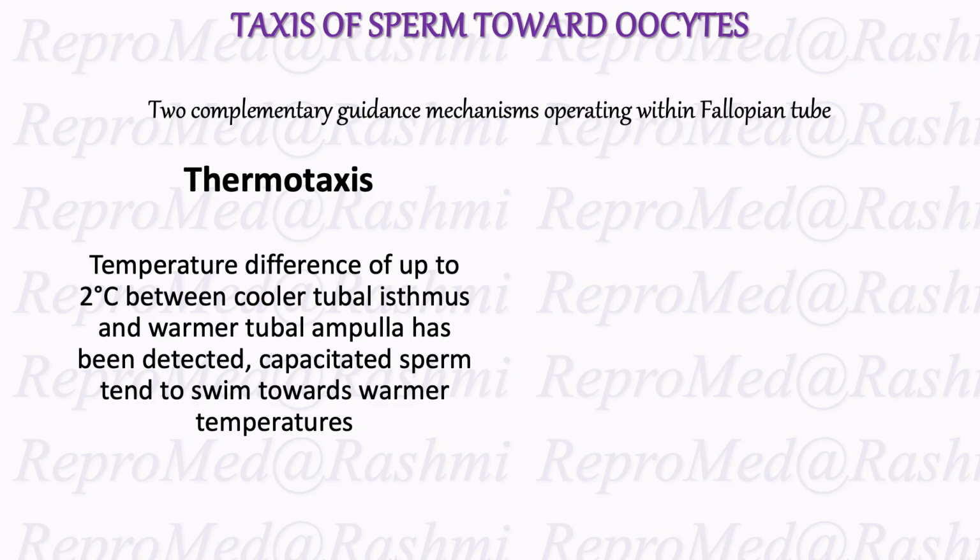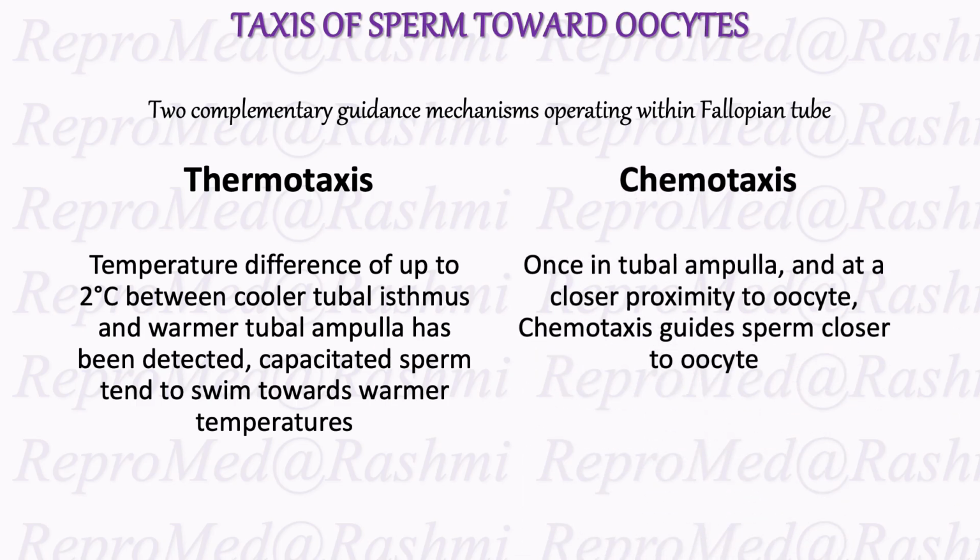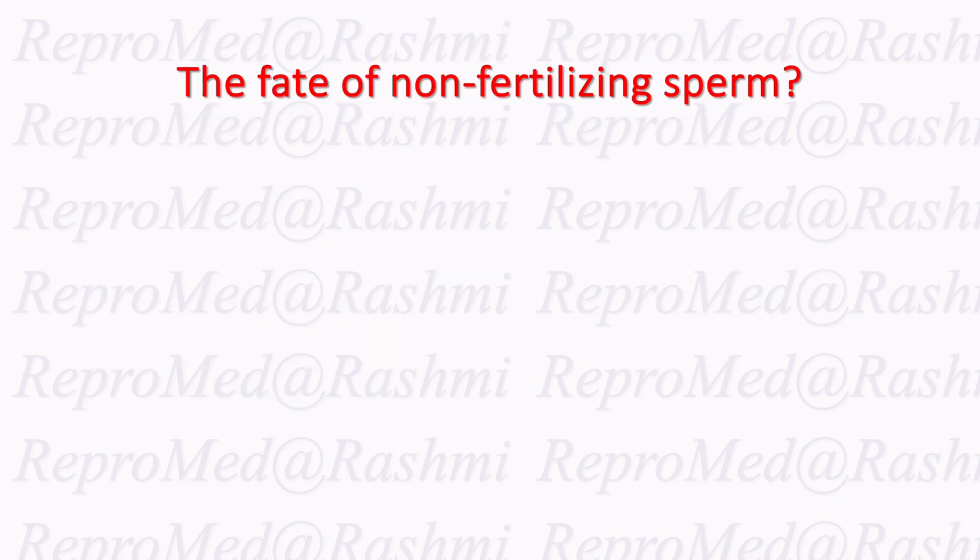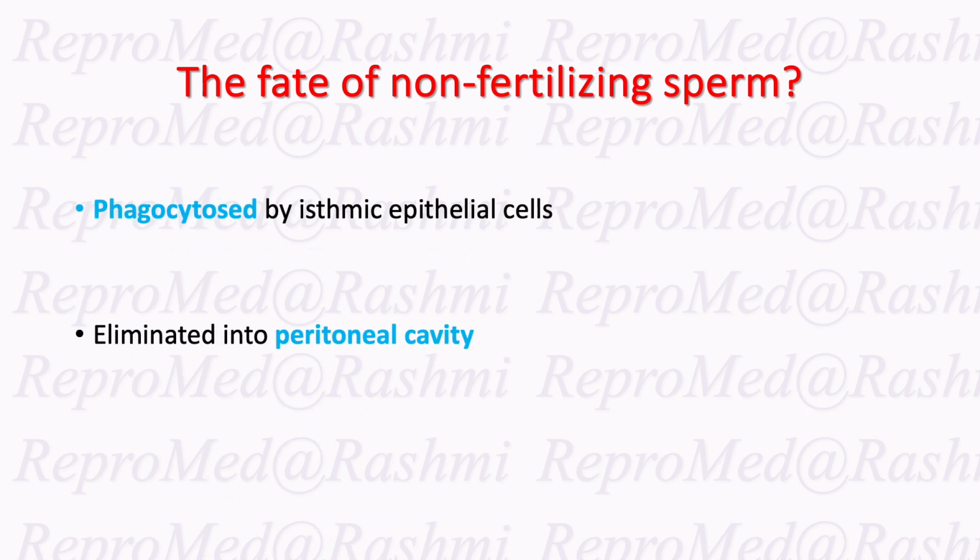The capacitated sperm tend to swim toward the warmer temperatures. Second is chemotaxis. Once in the tubal ampulla and in closer proximity to the oocyte, chemotaxis guides sperm closer to the oocyte. Now, what is the fate of non-fertilizing sperm? They are either phagocytized by the isthmic epithelial cells or they are eliminated into the peritoneal cavity.